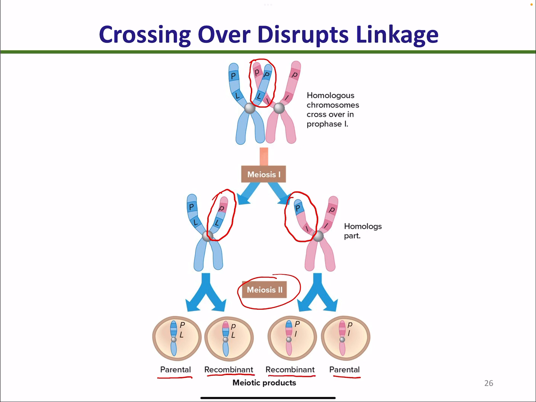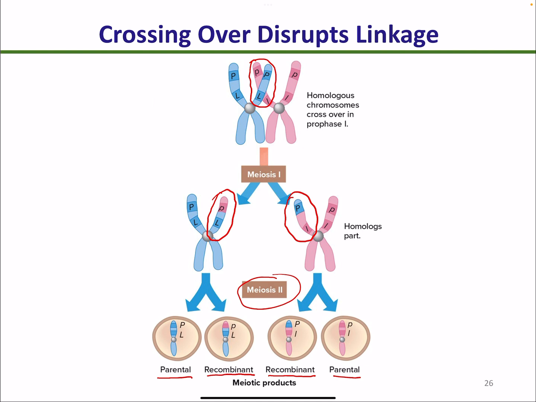All right? So we are going to ask, wait, for a dihybrid, what is the proportion of recombinant in the population, and what is the proportion of parental phenotype in the population?